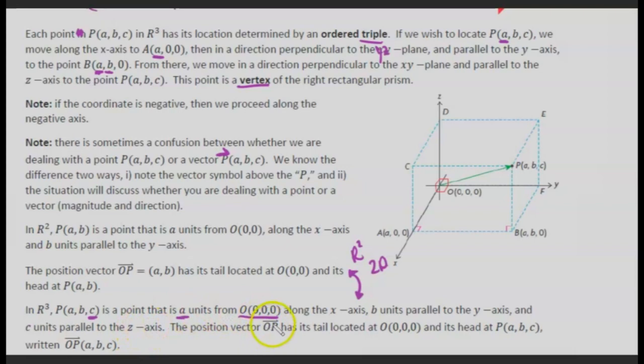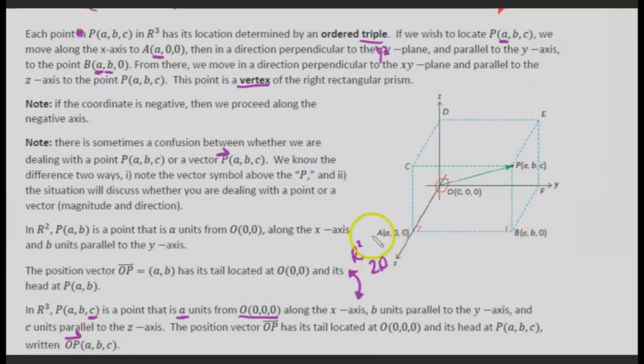Okay, the position vector OP has its tail located at the origin, 0, 0, 0, and its head at the point P, ABC. And then this is written as vector OP, ABC. Okay, again, the difference is this is now a vector.